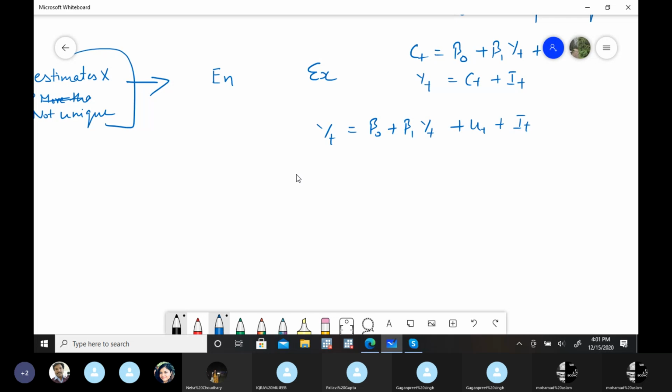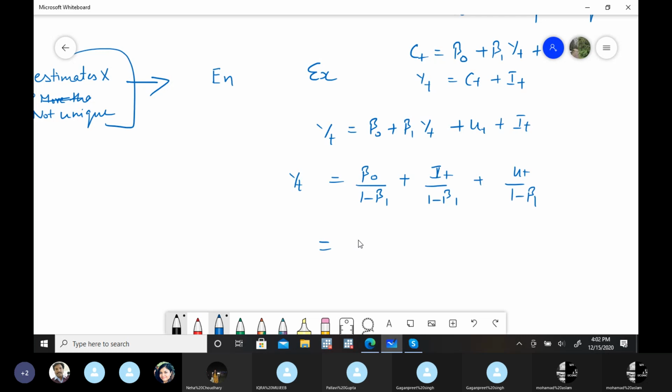So it will become yt equal to beta 0 by 1 minus beta 1 plus investment function upon 1 minus beta 1 plus this residual term upon 1 minus beta 1.